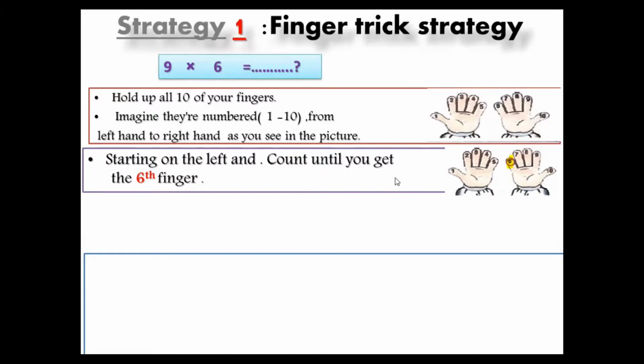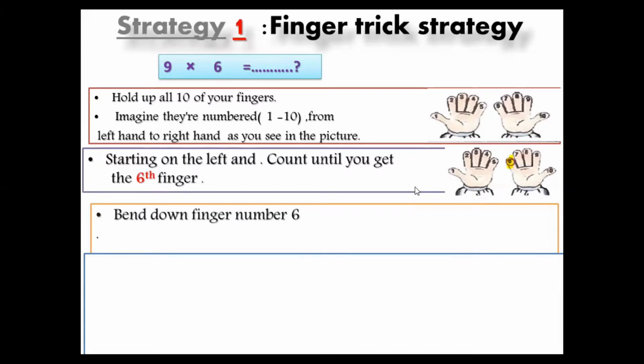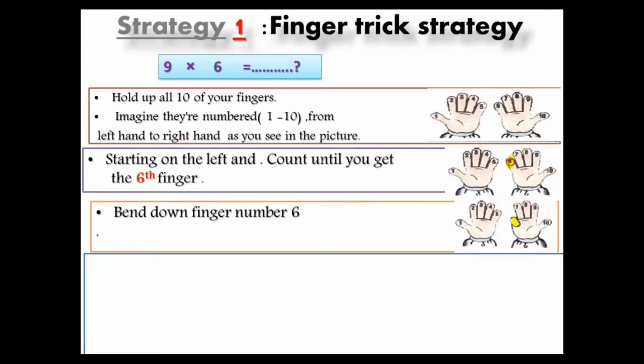The third step, you bend down your sixth finger. You notice that we have some fingers before the sixth finger and some fingers after the sixth finger. What will we do in the next step?